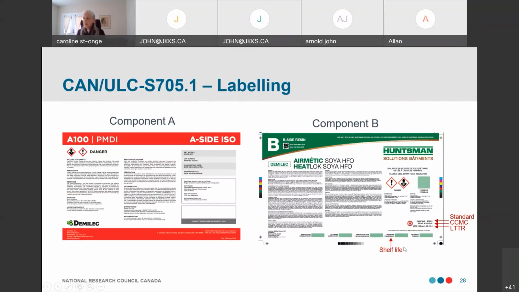And as well, I want to highlight to you that spray foam has a shelf life. So it's important to look at these dates because usually it is 6 months to 9 months, the shelf life of a spray applied polyurethane foam.